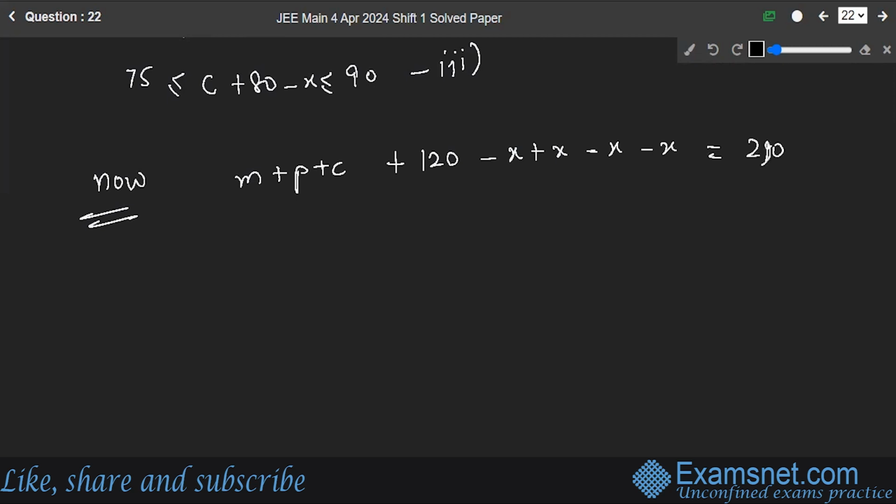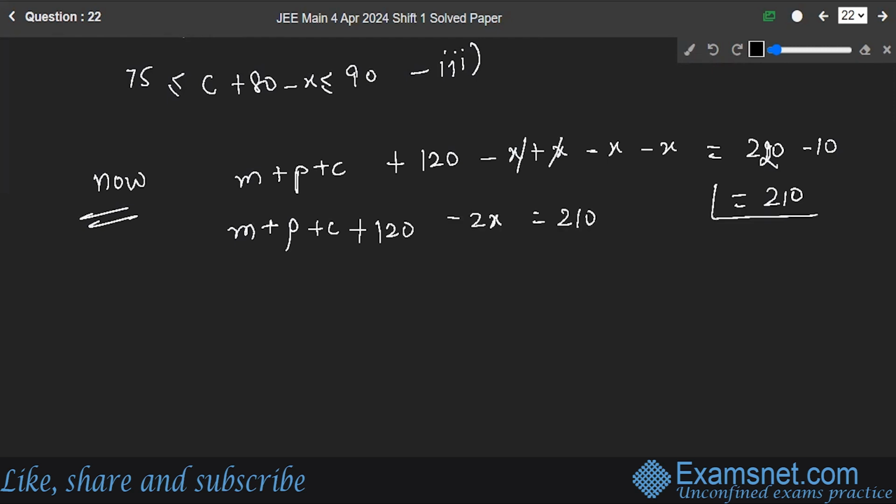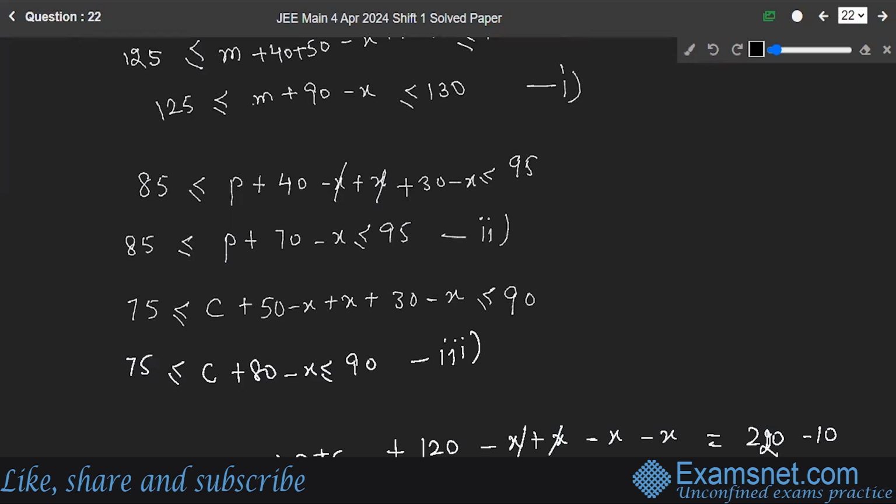Why 210? Because 220 students were there, minus 10 because they studied nothing. So this is equal to 210. M plus P plus C plus 120 minus 2X is equal to 210. This is the equation. Now, let's get back to our 1, 2, 3.